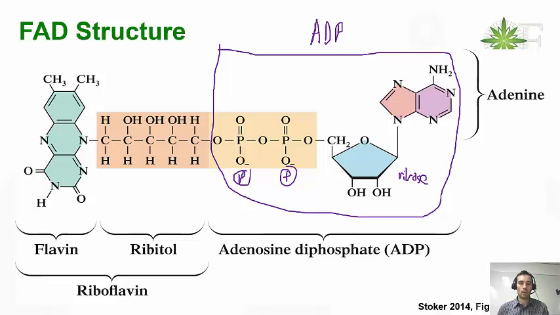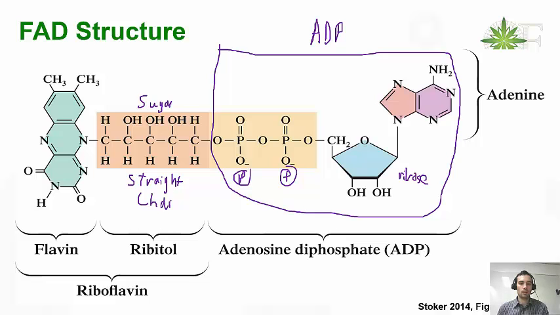So we've actually connected the phosphate to another sugar group. So here's our second sugar, which in this case is ribitol, which remember is the alcohol derivative of the ribose. So it's also in the straight chain form rather than being cyclical.